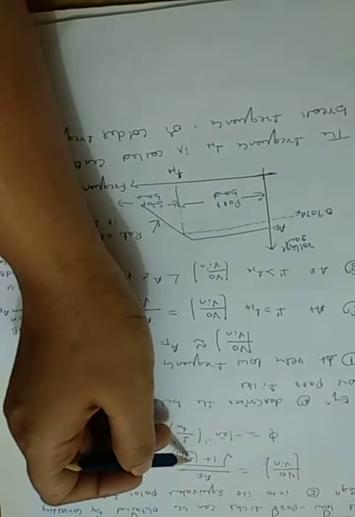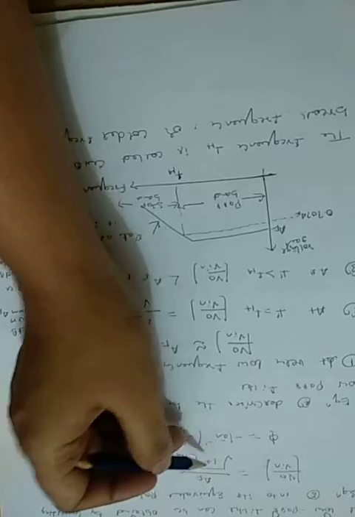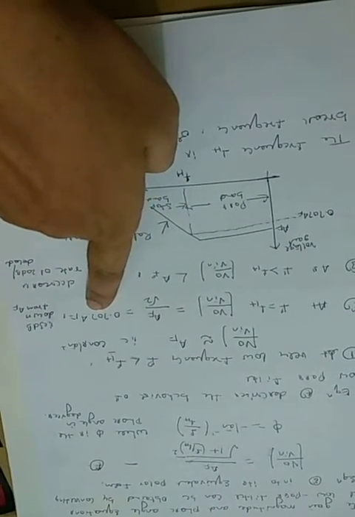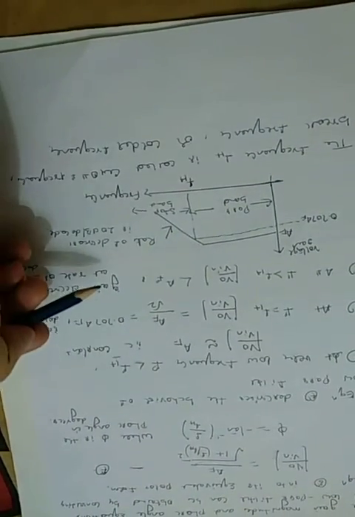When F becomes equal to FH, the ratio F by FH will be 1, so the denominator becomes root 2. The gain is AF divided by root 2, which is 0.707 times AF. That is minus 3 dB.